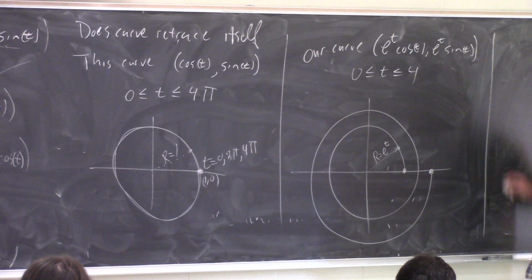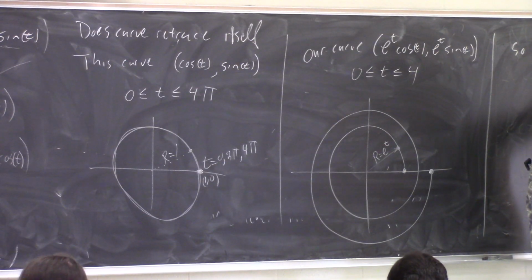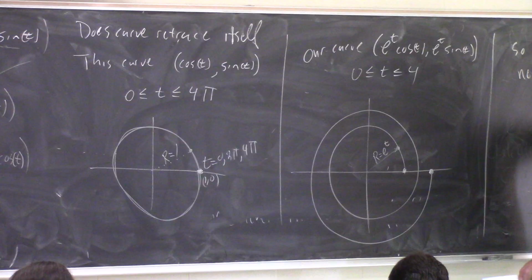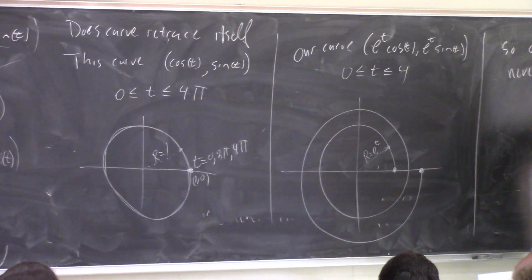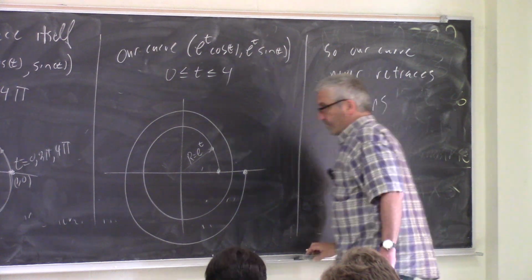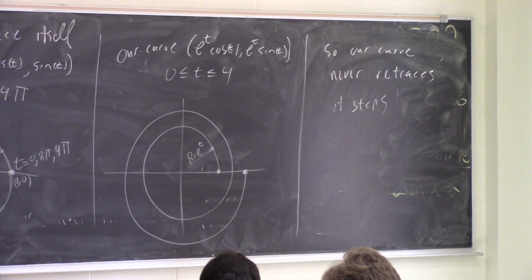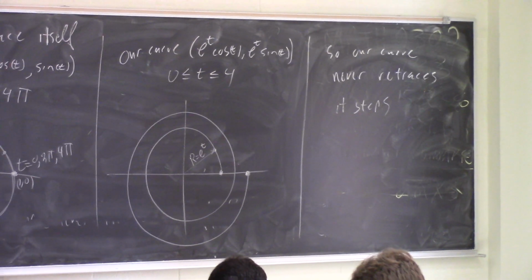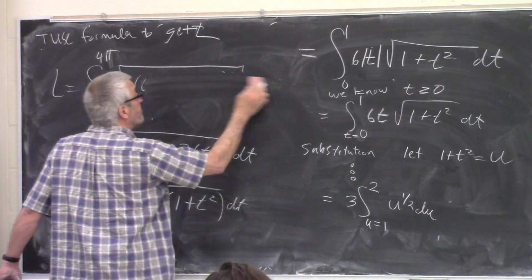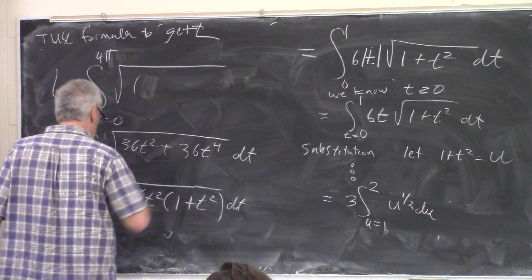Okay, so our curve never retraces its steps. So we're ready to set up our integral. We're going to integrate from t equals 0 to t equals 4 pi. And we need to have our x prime squared. Now we've already got that.